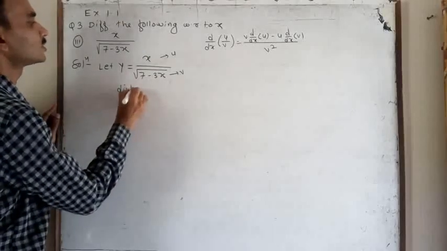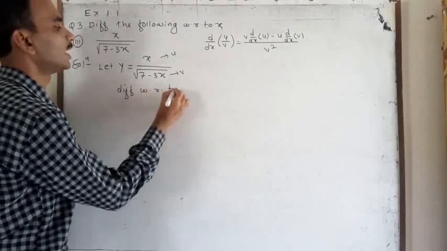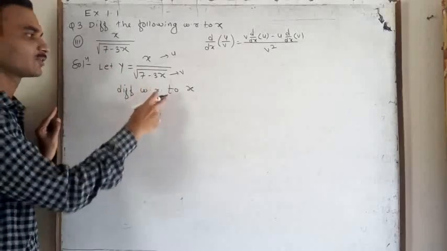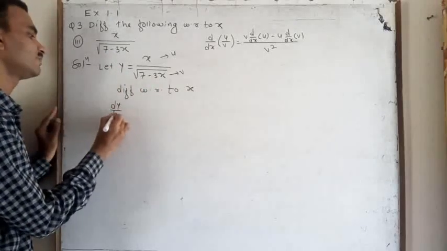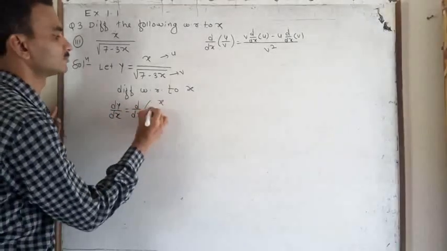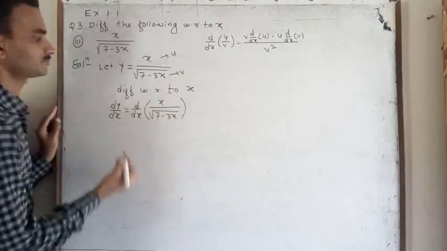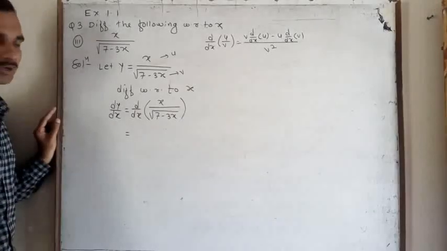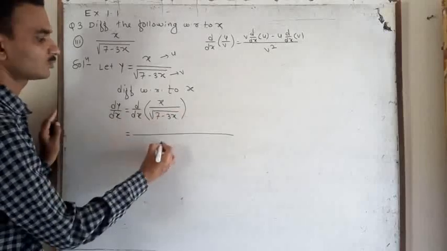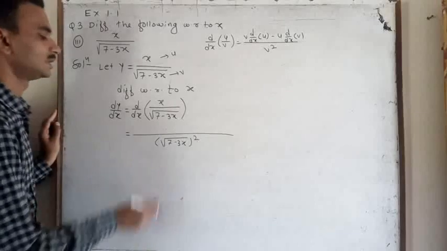This whole term is in terms of x, so differentiate with respect to x. If we differentiate y with respect to x, then we get dy by dx, and here d/dx of 7 minus 3x. So we apply the quotient rule, u upon v, that is v square, means under root 7 minus 3x, bracket square.